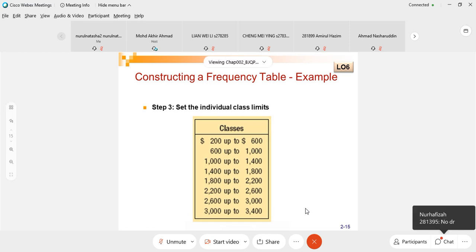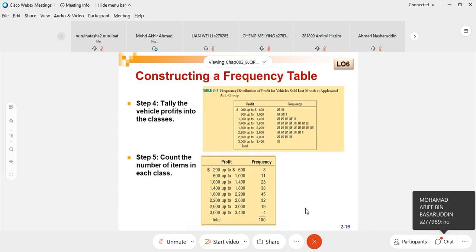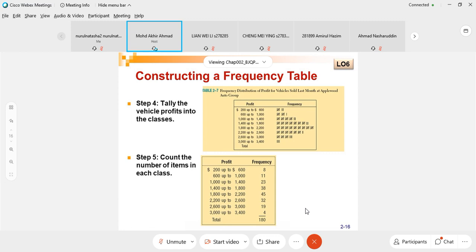No, sir. Okay, the next step. We need to develop a frequency table. Okay, so frequency table, step number 4, tally the vehicle profit into the number of classes. So now we have the data, we construct the table 200 to 600, 600 to 1000, and so on.